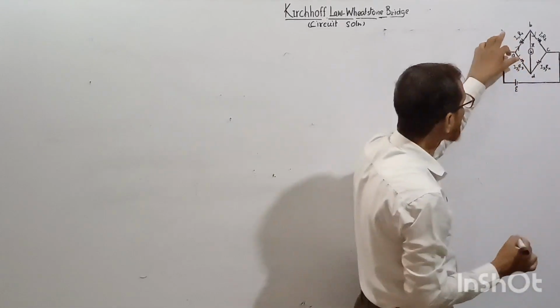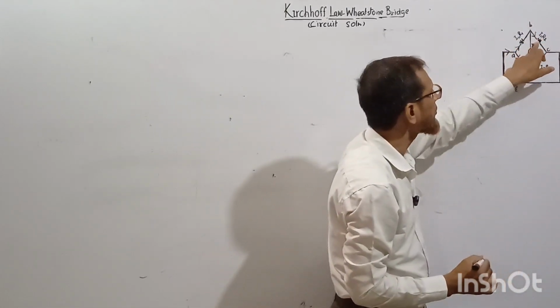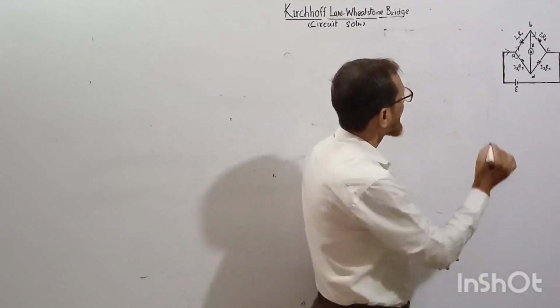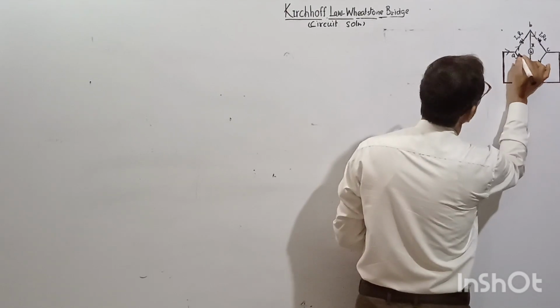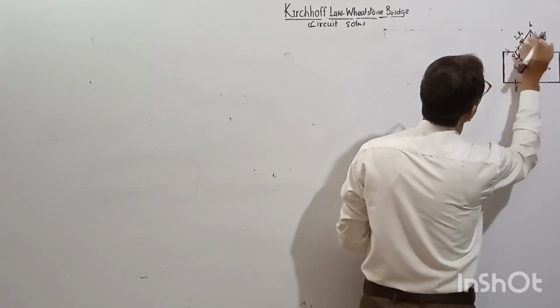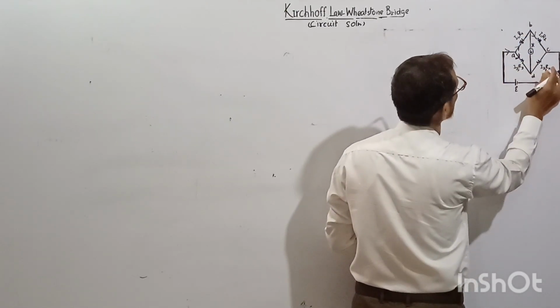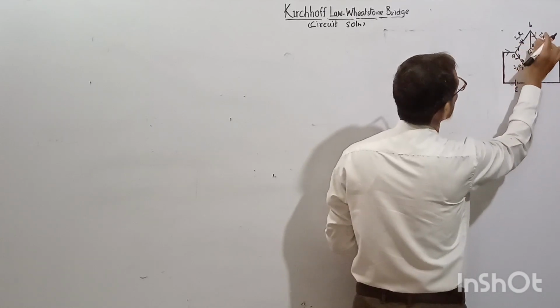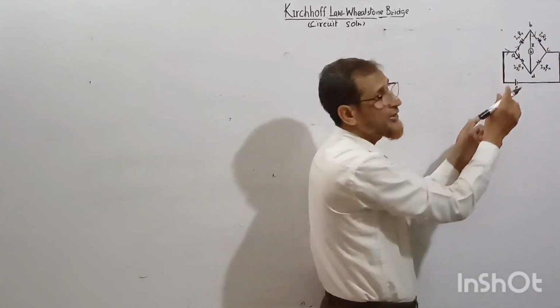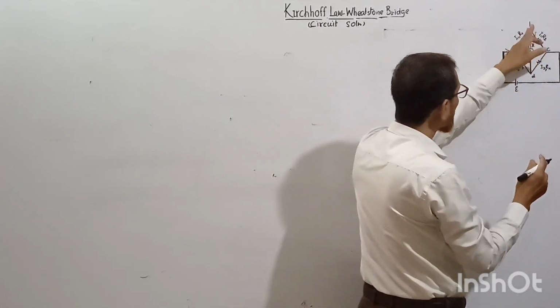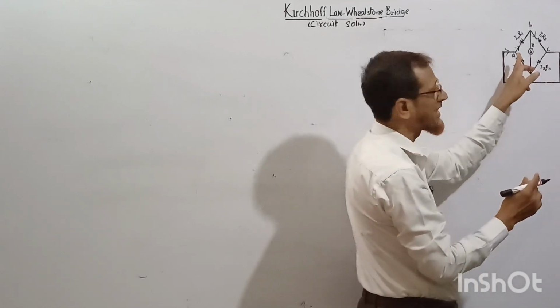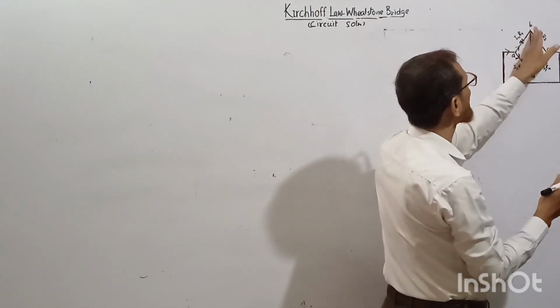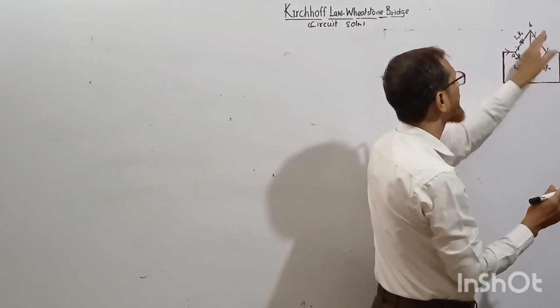That's why when this is I1, we assume this is also I1, and in I2 it is I1 because no current flows here as per the condition. So this I1 goes to this one, hence it is I1.